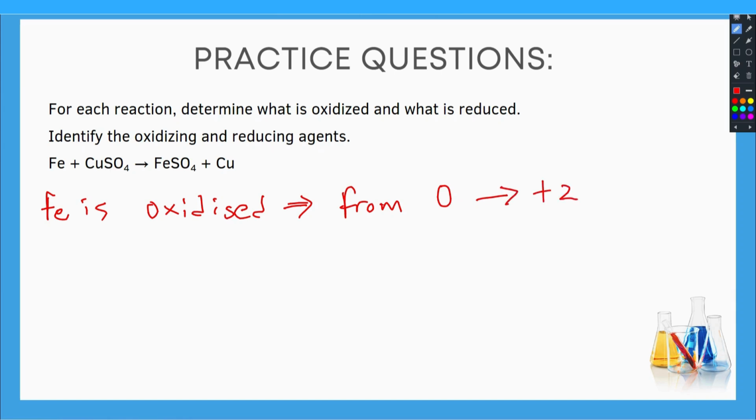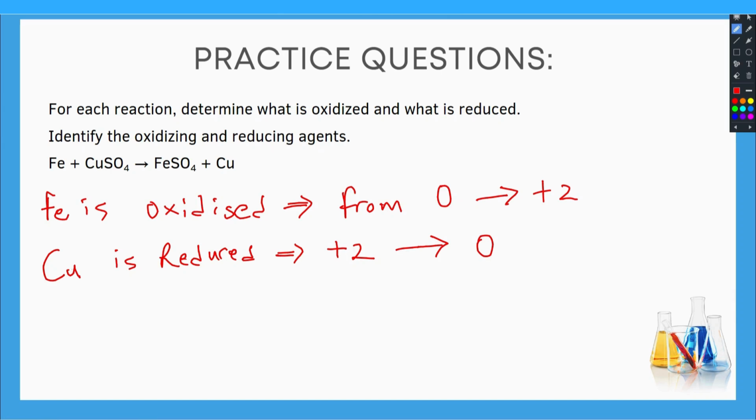And then copper, which is Cu, is reduced. Why? Its oxidation number moved from plus 2 to 0. I'm sure you can see how each of these things has played out.